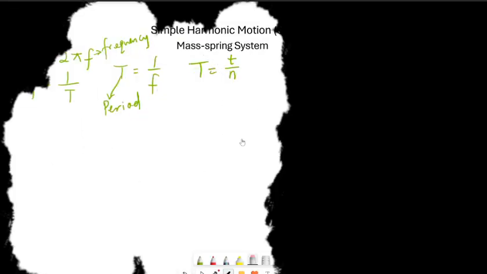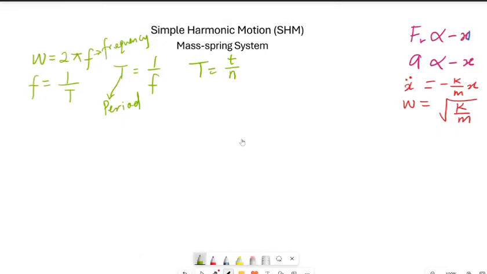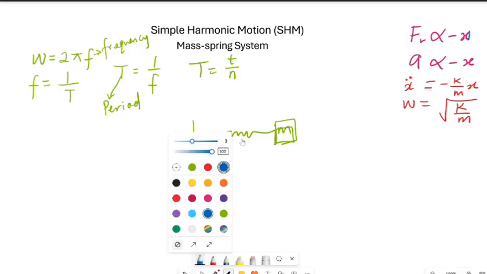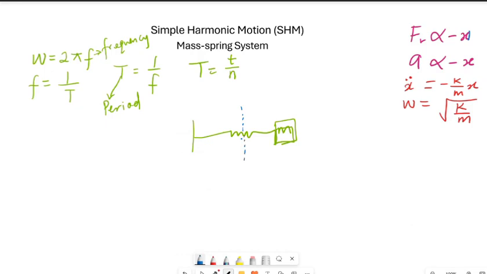Now from the spring-mass system that we talked about that time, we have something like this, and we have a spring with a mass attached to it. Assuming we have our main points to be here, from here to here is our amplitude that we discussed, and it goes back to this position when it's compressed.